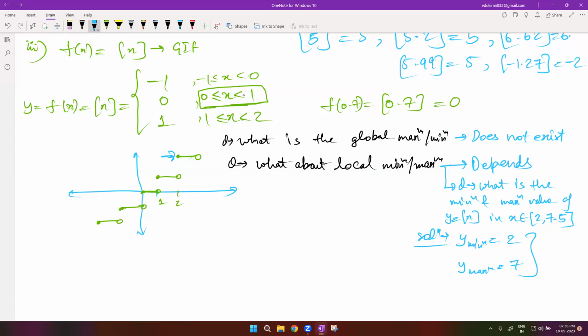Now, how do we know? First of all, we don't know the graphs of every function, right? The functions can be really complex. These were some of the easy functions which were easy to draw. That is why we have drawn these graphs, but it will not be possible every time.